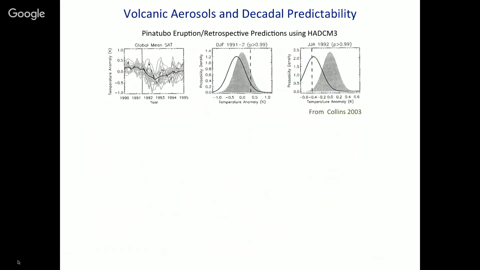Another application of sulfates, especially when we're talking about volcanic aerosols. We know volcanoes emit a lot of volcanic ash, which is nothing but pulverized minerals and rocks. In addition to that, they also add a lot of sulfur dioxide and hydrogen sulfide into the atmosphere.